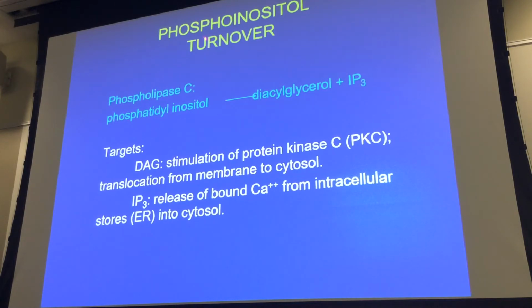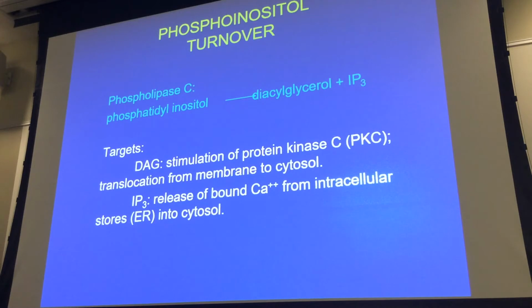So Gq or Gp is a stimulatory G protein because it's increasing protein kinase C activity, that increases the activity of the cell, and it also increases the cytoplasmic concentrations of calcium, and that produces cellular activity as well. So now you can see how this mixture of stimulatory and inhibitory G proteins produces their effects through these different effectors.